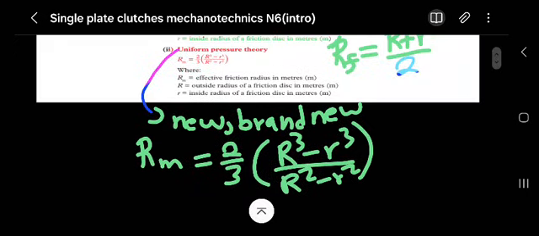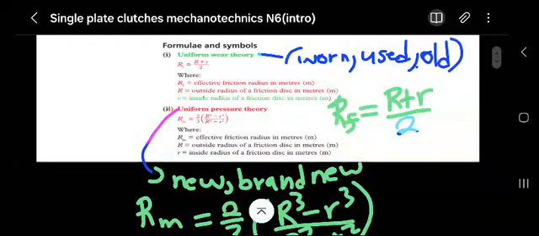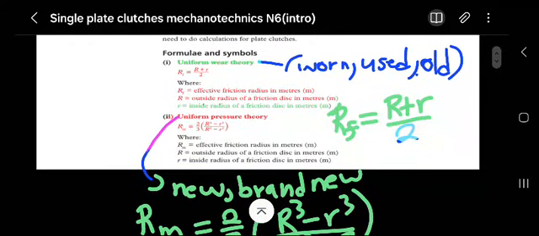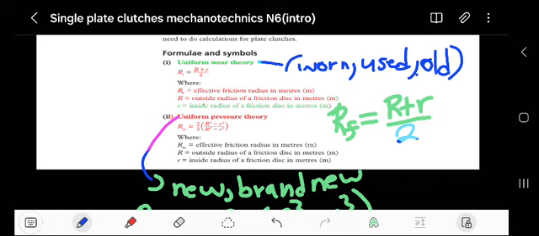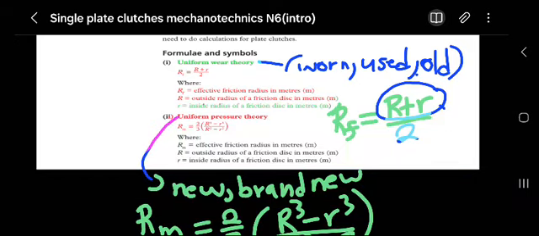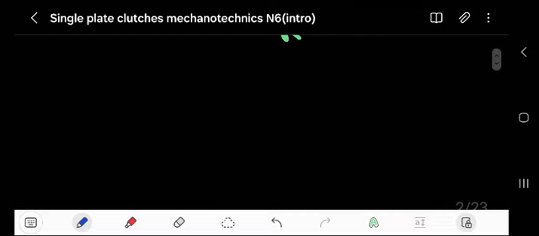So far we've discussed this. We know the difference. Another thing we must note is R plus r, this top part only. If you're given the mean diameter, D mean, that is simply R1 plus R2.